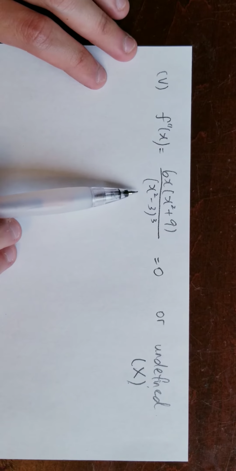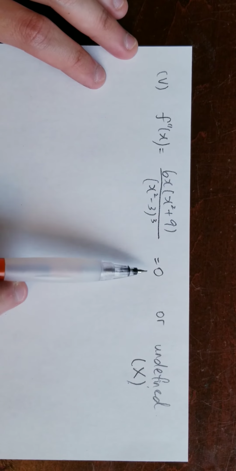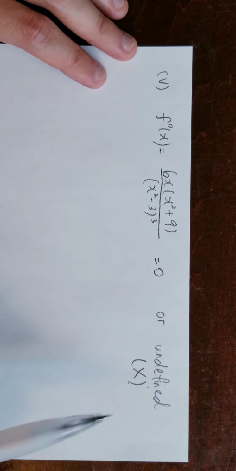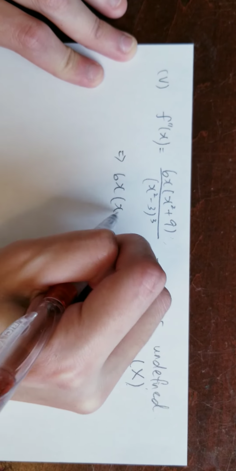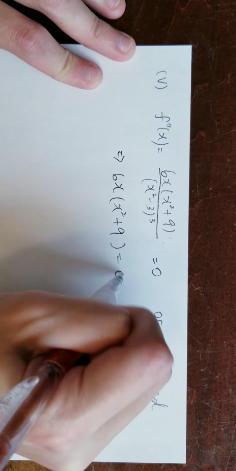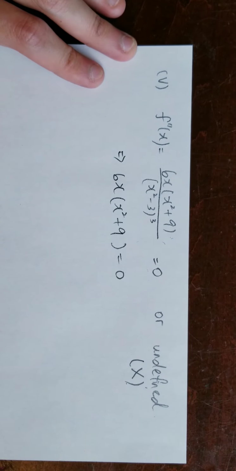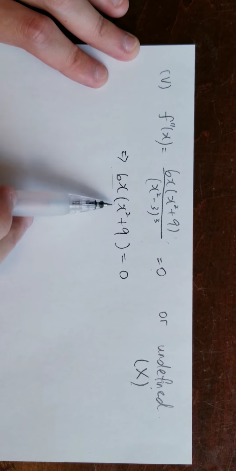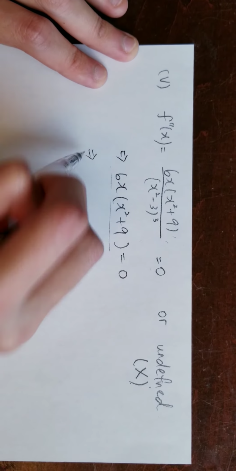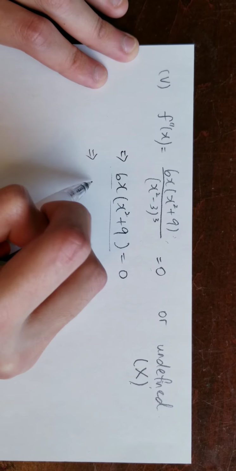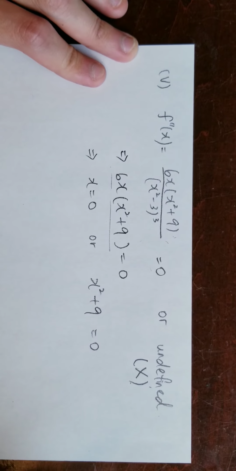That means I only need to look at the points where the second derivative is 0. But the only way for a fraction to be 0 is if the top is 0. So I have 6x times x squared plus 9 equals 0. You have two things multiplied to be 0. That means x equals 0 or x squared plus 9 equals 0.